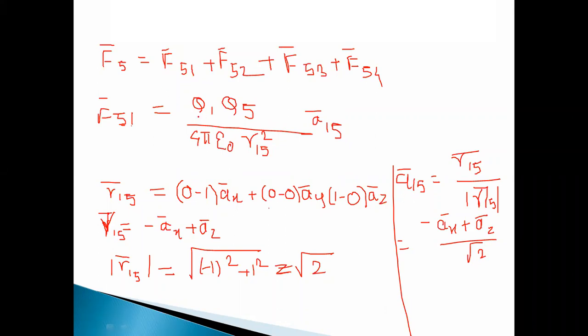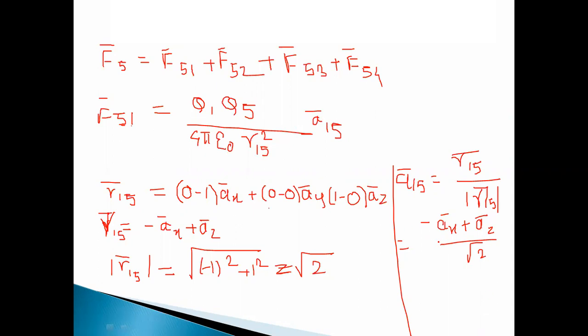Now you know the magnitude of Q1. This Q1 is equal to 10 microcoulomb, means 10 into 10 raised to minus 6. Then Q5 is 30 microcoulomb, means 30 into 10 raised to minus 6, divided by 4 pi epsilon 0, which is 8.854 into 10 raised to minus 12. You know this R15 is root 2, then its square, and A bar 15 is this one.